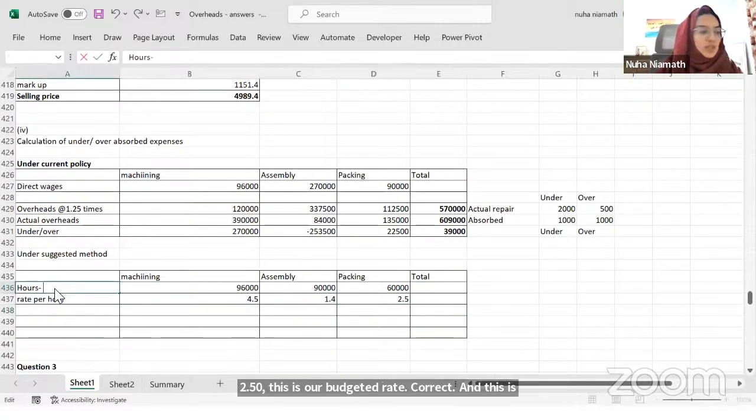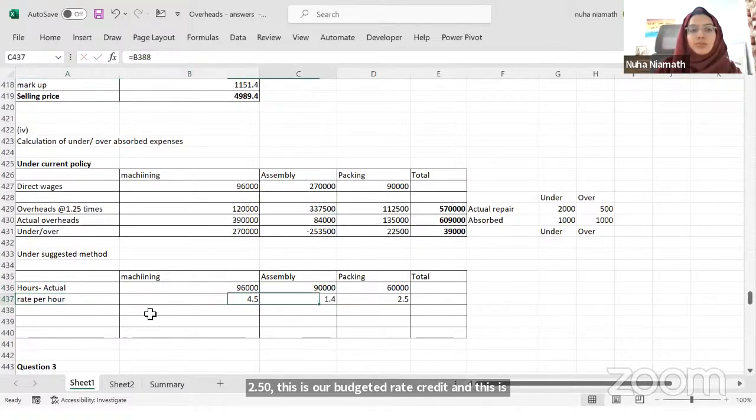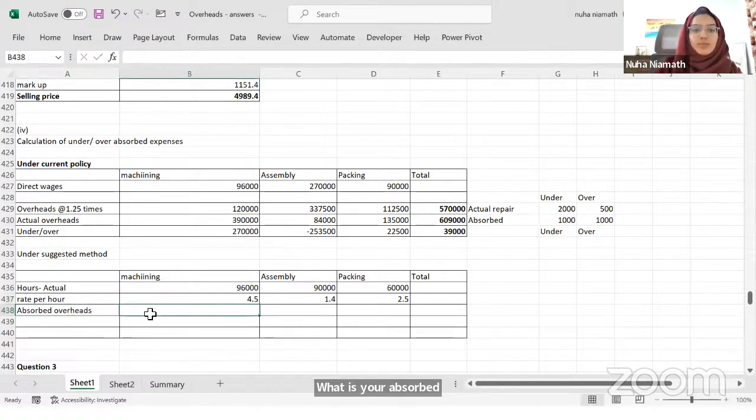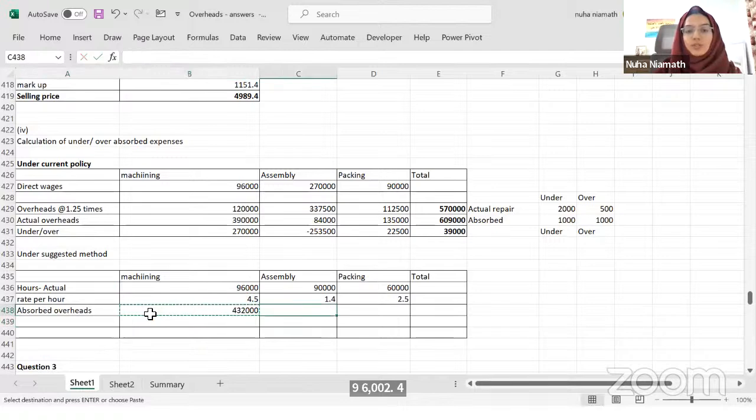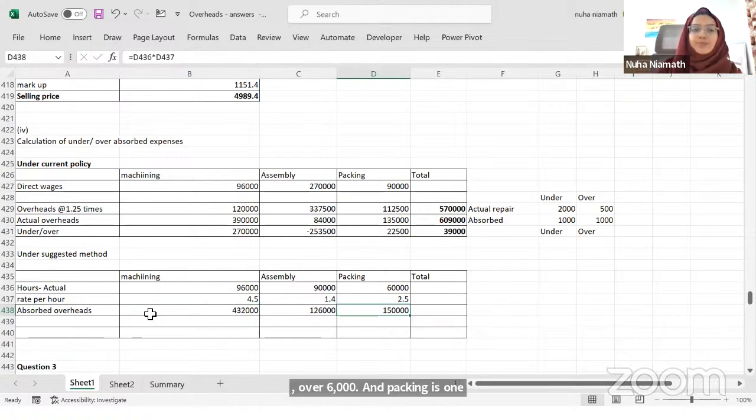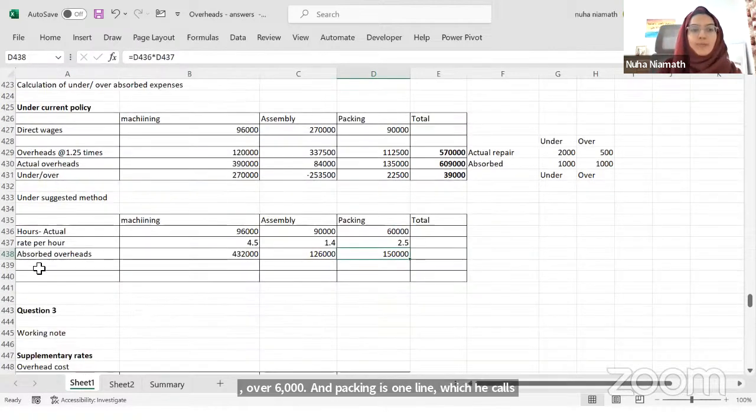And this is always our actual rate. Don't forget. Always remember this. So what is your absorbed overhead? 96,000 into 4.5, 4,32,000. Assembly is 1,26,000 and packing is 1,50,000. Are we good so far?